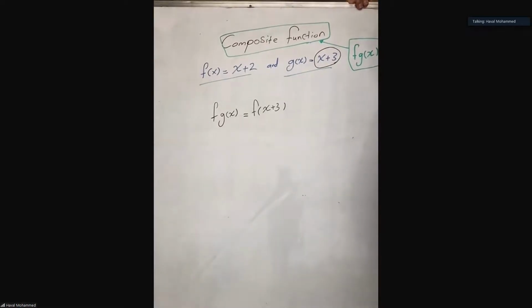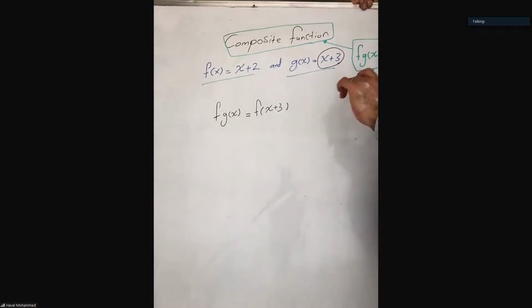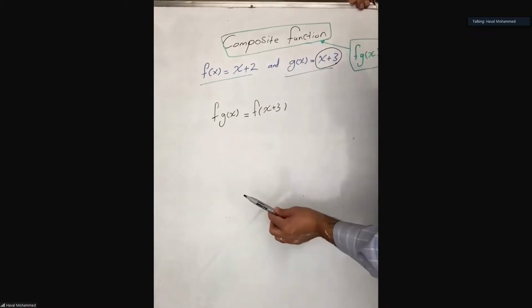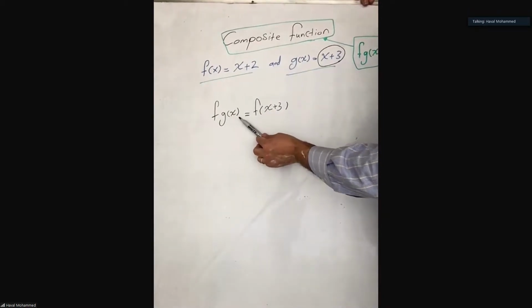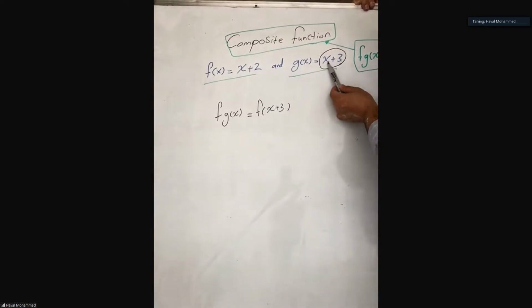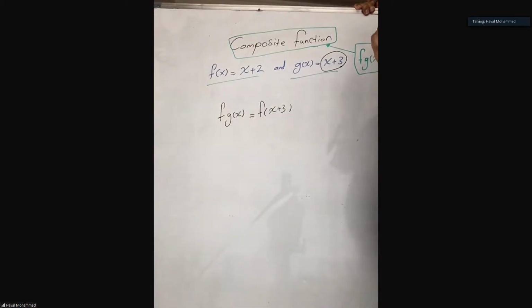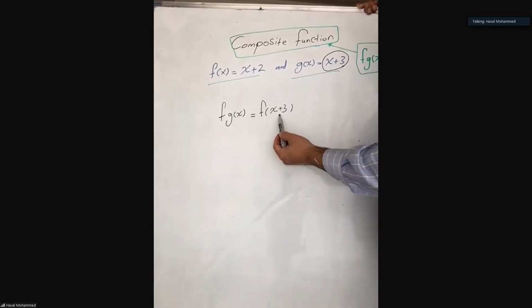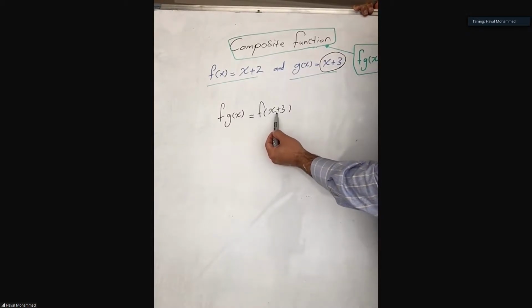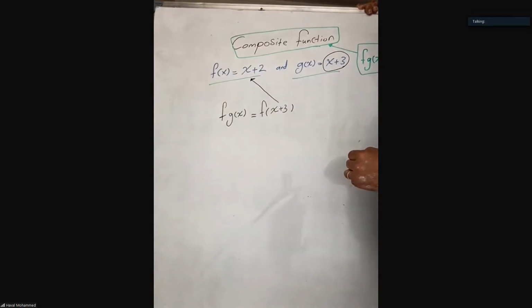Is it clear what I have done now? Every time you go in order, step by step. You have f g x. Then instead of that g x, replace it with the right hand side. Now, at this step, you plug x plus 3 into every x in the f x function.